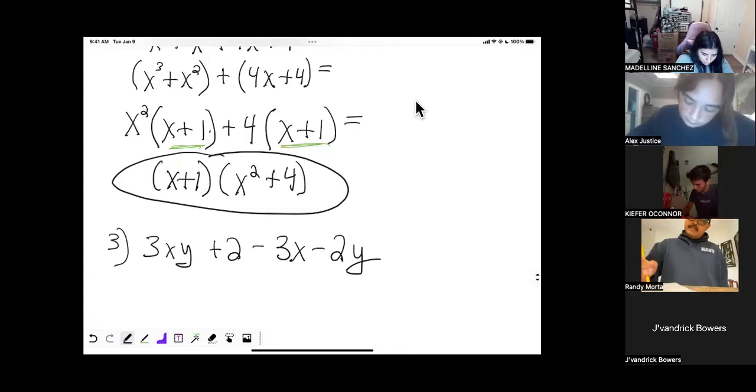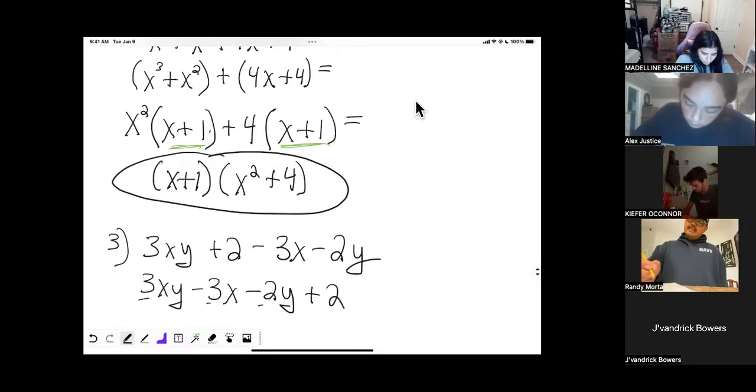Well, I think I'm going to rearrange this one too. What do you think? I think so too. I think I'm going to put 3xy minus 3x, put my x's together. And then I'm going to put my y's together with my 2. Why? Because I see 3 and 3 together and I see 2 and 2 together. I honestly think you could probably do it the way they gave it to you.